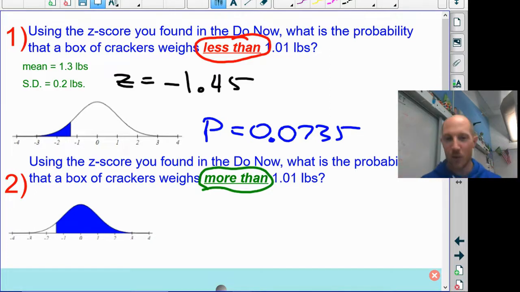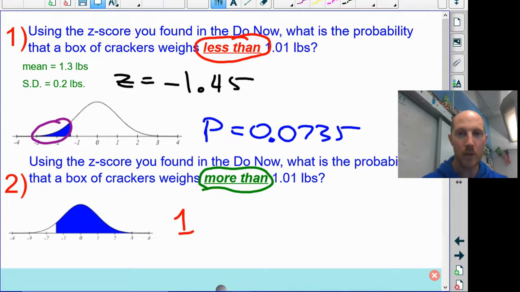Well, we know that bell curve represents 100% of the possible outcomes, right? So if I don't want this part that I got in question number 1, then whatever's left has got to add up to 100%, right? So just subtract 100% minus this 7.35% we just got. I'm going to leave everything in decimal form, so I'm not actually subtracting from 100.